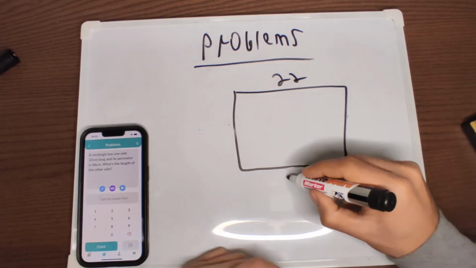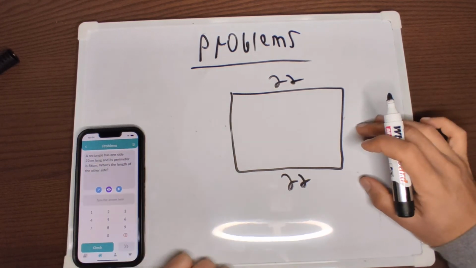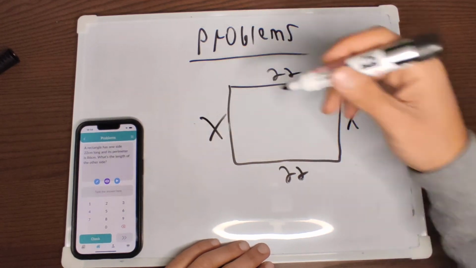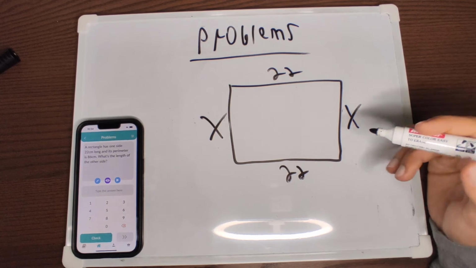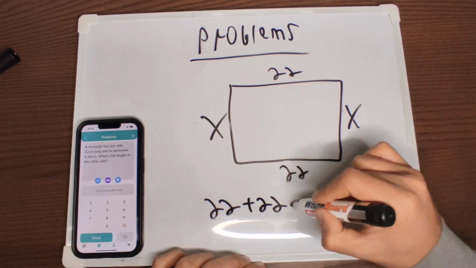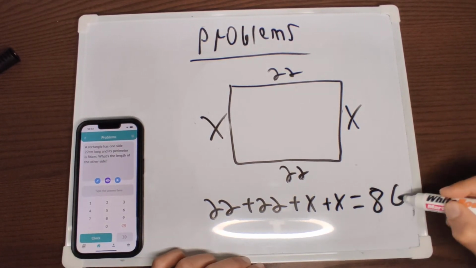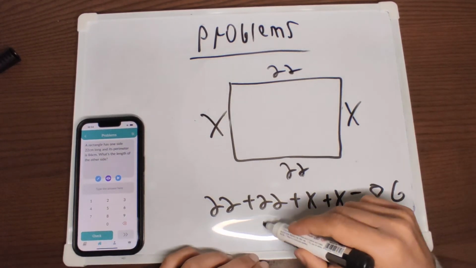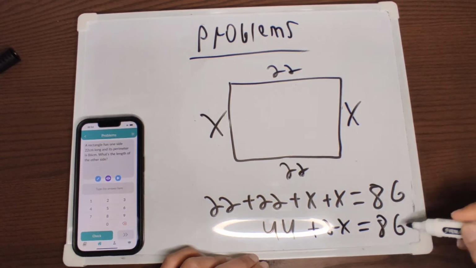So we know that this one is 22, this one is 22. And what should we do with those edges? We need to mark them with an X, because currently we don't know its value. So now we can say 22 plus 22 plus 2x equals 86, which is 44 plus 2x equals 86.